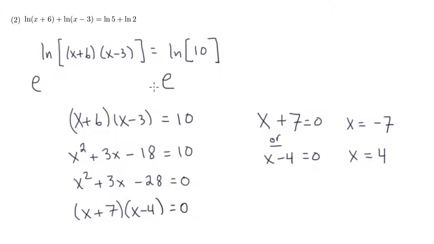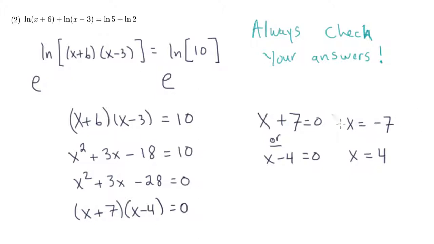And the moral of the story is this. Always check your answers. So when you find answers, I'm guilty of not doing this all the time, but it's always a good idea to go and check back and make sure that your solutions are actually solutions.